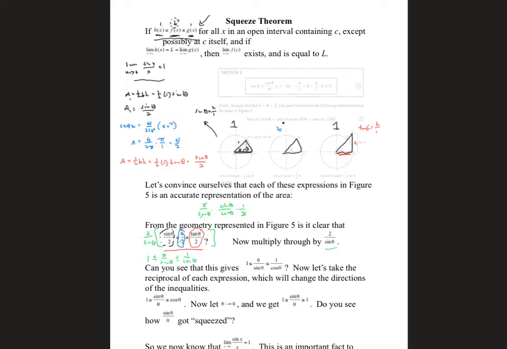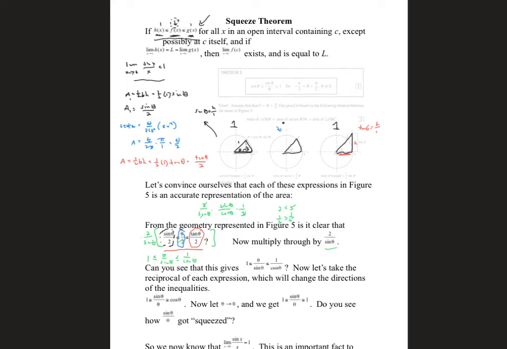Now because we're looking to get sine theta over theta, we're going to take the reciprocal of both sides. When we take the reciprocal of both sides of an inequality, we have to change the direction of the inequality. Let's see how that works for a second. We know that 2 is less than 5, but when you take the reciprocal of both sides, 1/2 is bigger than 1/5.